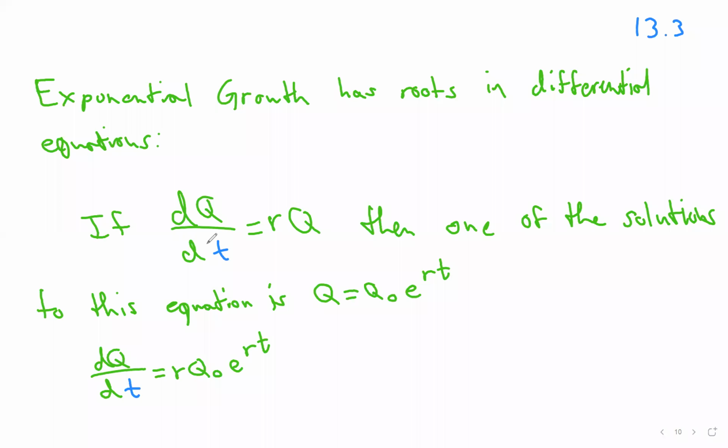And that's just a property of the exponential function, exponential growth. And this is how you can kind of see where a situation that you have a derivative equal to some constant times your value of the function would relate to a differential equation situation, because you have that relation of a differential equation.